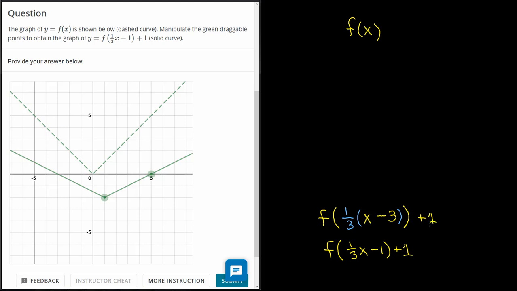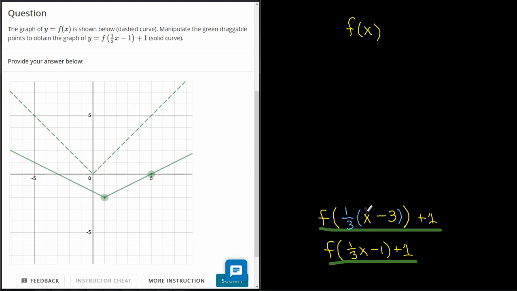And you should always check your answer. You might say, well, wait a minute, Travis, why is that a 3? Well, let's just check that it works. Are these two things the same thing? The only difference is what happens if I distribute this 1/3.